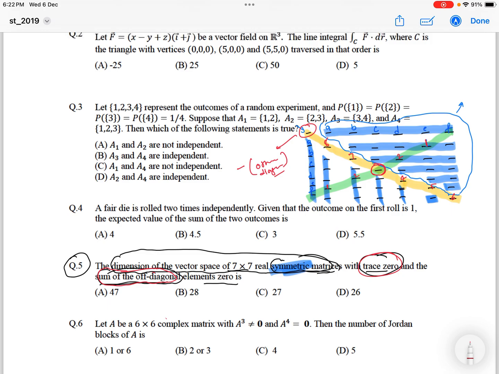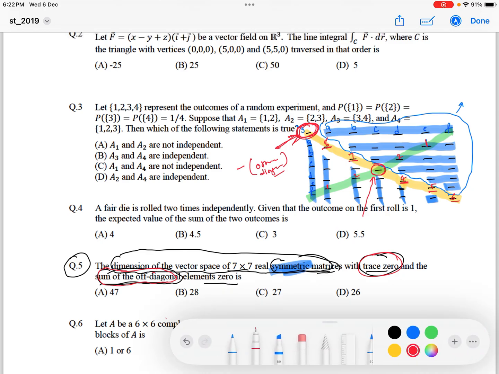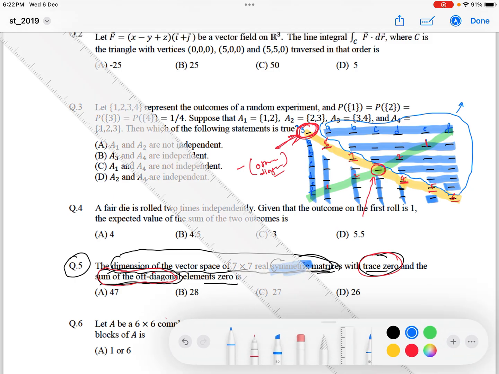If you know the other diagonal elements, then you know this one, so we do not need it. It will not add anything to the dimension. So these two will not add to the dimension. Let me count what contributes to the dimension, which will be our answer.